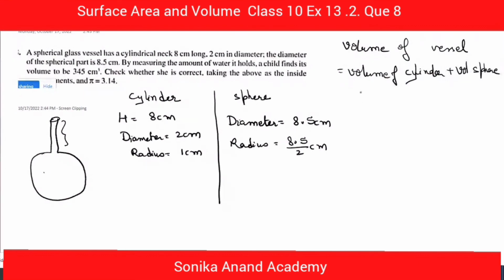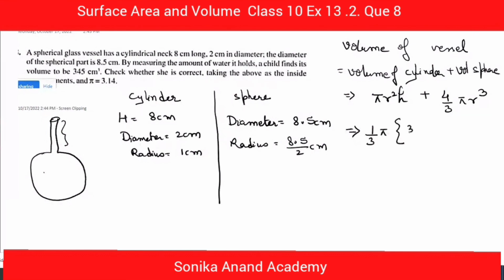Now, tell me the formula for volume of cylinder. Volume of cylinder is pi r square h, and sphere is 4/3 pi r cube. Now, here the radius are different in both the cases. So we take only common pi. There's one more way. You just multiply with 3 and take 1 by 3 pi common.